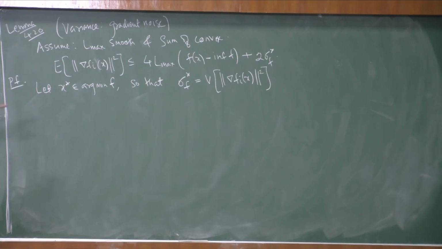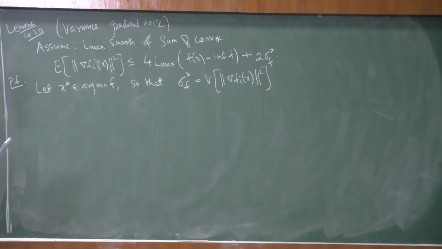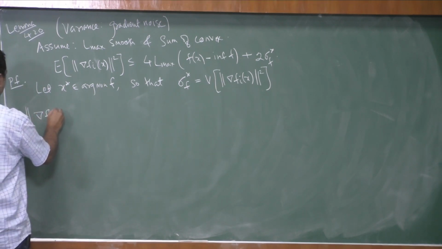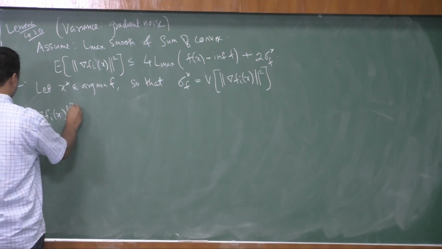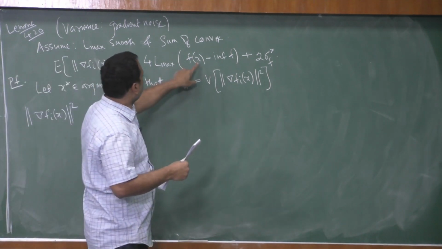Since here again we are supposed to take expectation, it's natural that we start from the norm of grad fi x and see what it is. So grad fi x whole squared. Now we see that on the right hand side we are supposed to produce f(x).